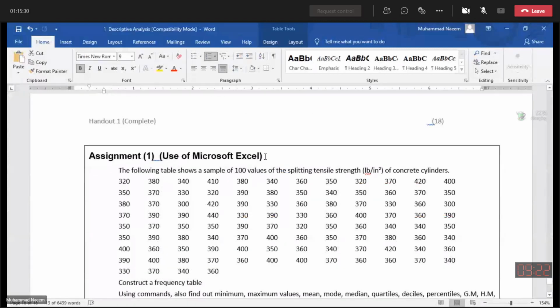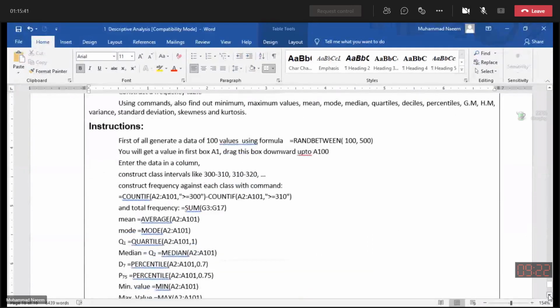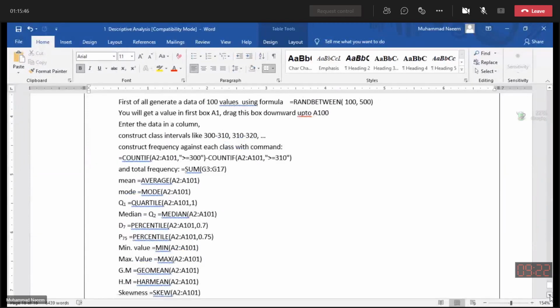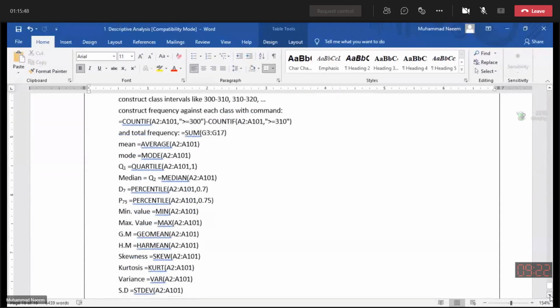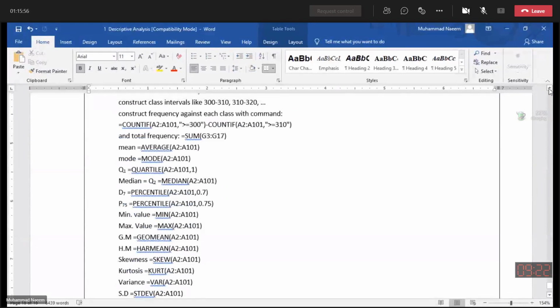Either you do it manually, or you can also use the Excel sheet. Easily you can calculate these measures using Excel sheet. One more thing, you can also generate these 100 values using Excel sheet.